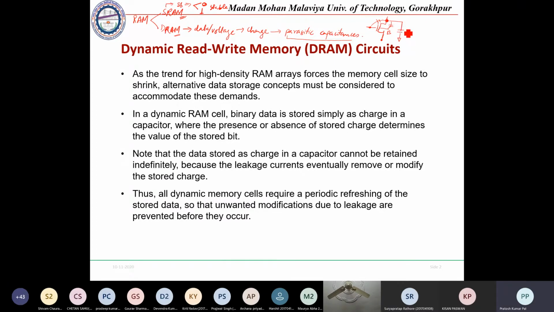These parasitic capacitances will have some value. They will be charging and discharging with respect to the applied voltage.